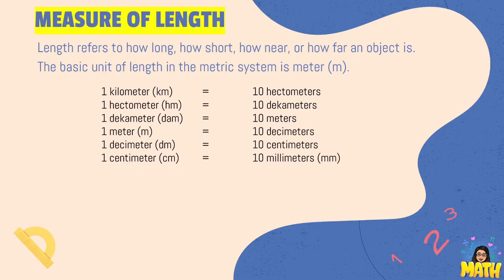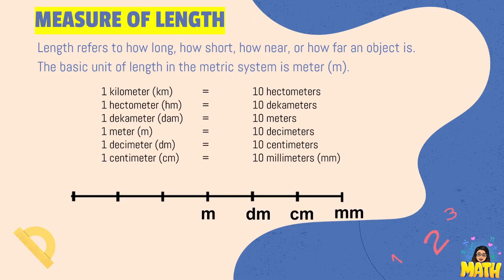So to easily remember that, you can use this metric converter or this line, and then ilagay natin dito ang mga symbols. Ang nasa gitna ay ang ating base unit, which is the meter. On the right side of it, ilagay natin ang mga smaller units just like decimeters, centimeters, and millimeters.